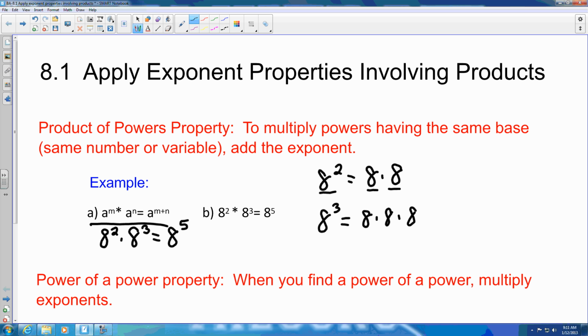You get that just by counting the number of 8s we have: 1, 2, 3, 4, 5. Since they have the same base, same number or variable, we can write this as a to the fifth. So that's applying the product of powers property.